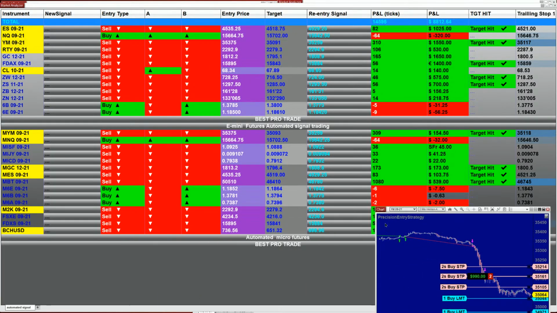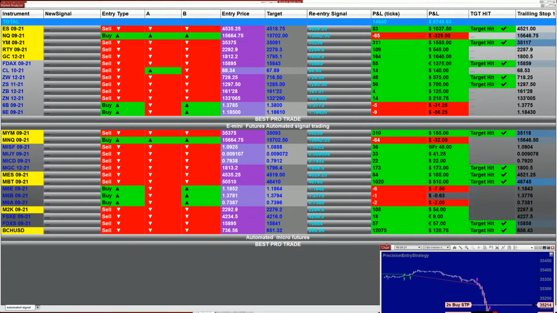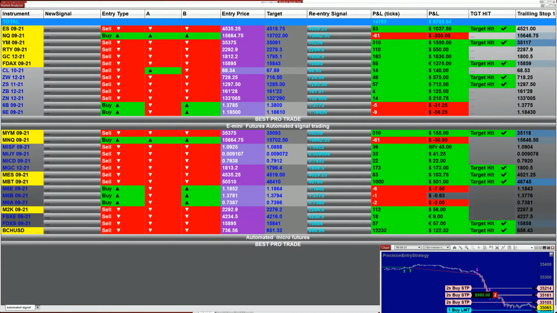We're going to put a couple of trades for you here, and we'll run it a little bit. This is the last trade on the scalper.